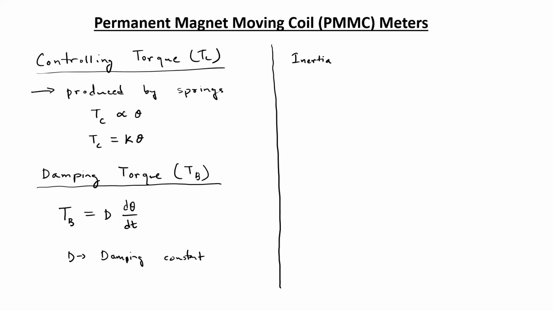coil, along with the frame and the number of turns and all, the iron core, the entire coil arrangement. So it depends on which type of material is used and how much opposing torque it can produce.